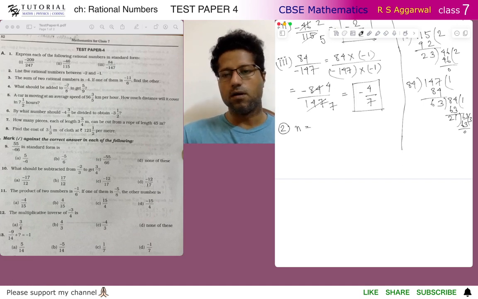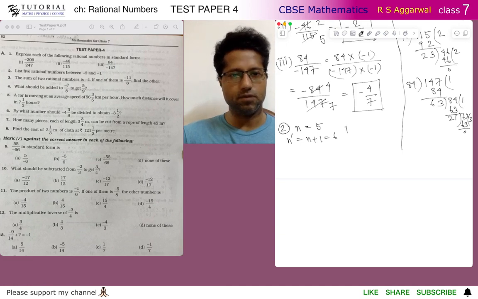So n is 5, and we have to calculate n plus 1, that is n dash, which is 6. The numbers between which we have to find the rational numbers are given as n1 equals minus 2 and n2 equals minus 1.